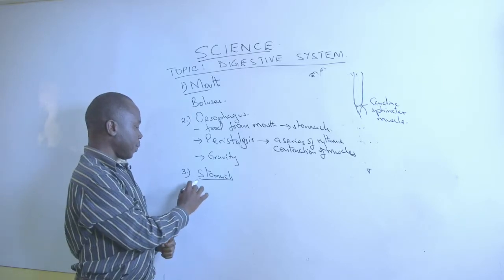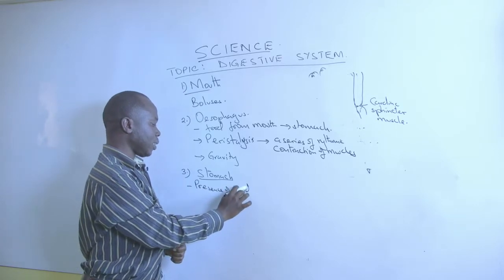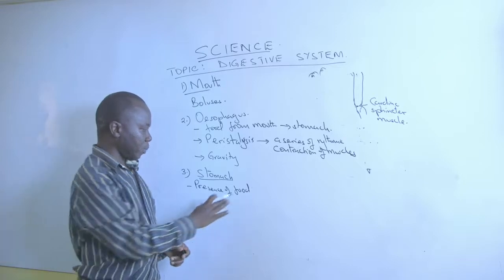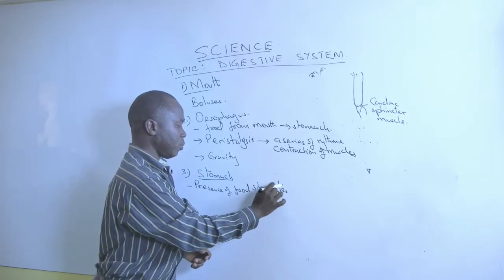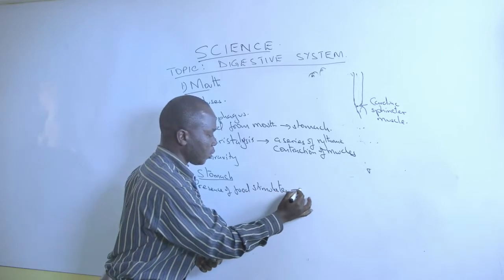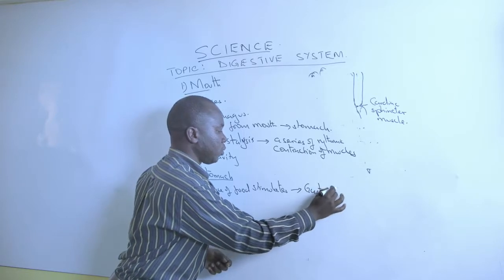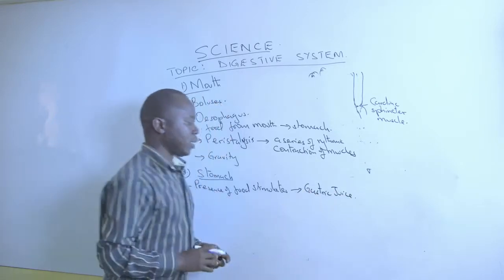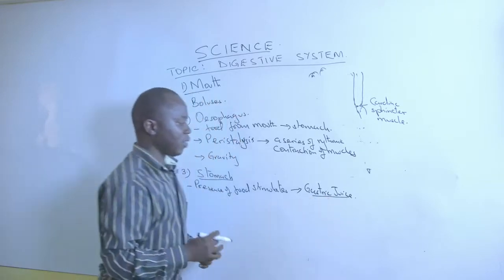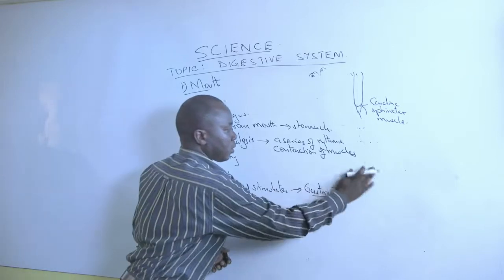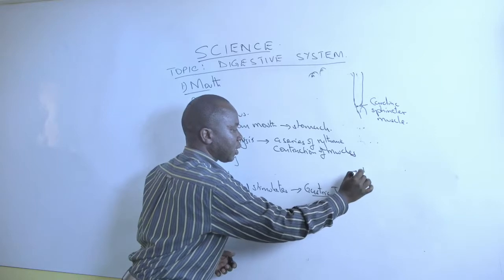In the stomach, presence of food will stimulate some reaction to take place. Presence of food stimulates the stomach walls to produce gastric juice. This gastric juice has several contents. Some of the content in gastric juice includes enzymes.